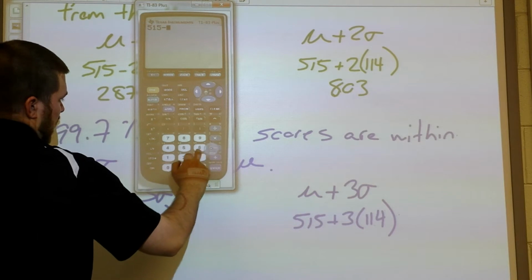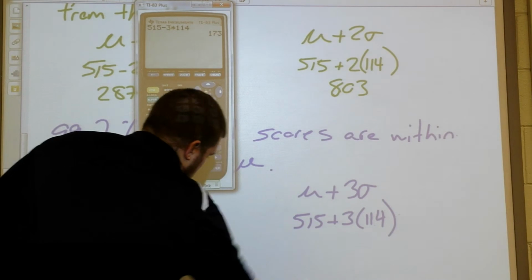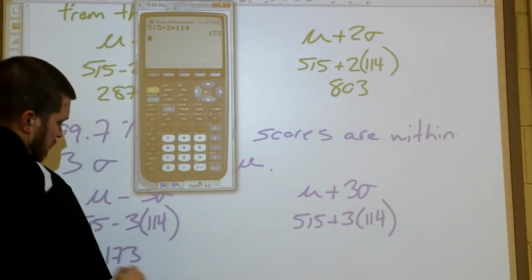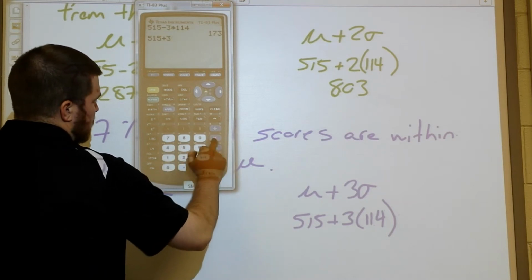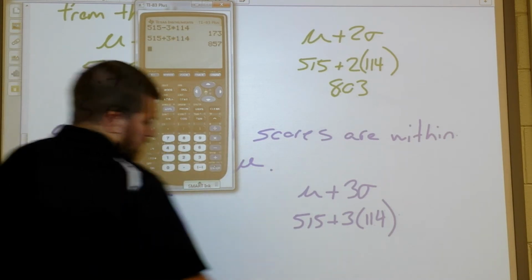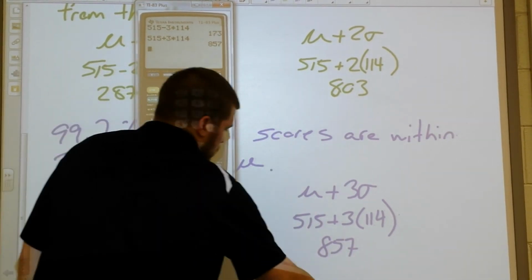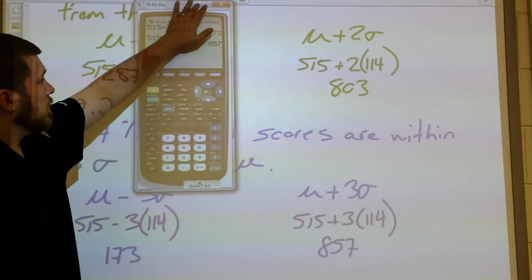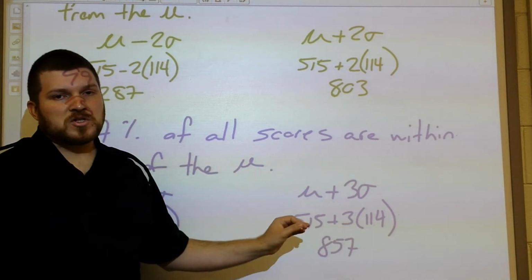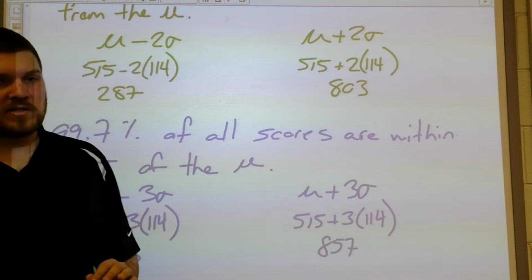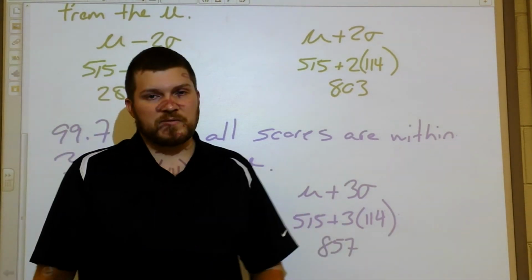So 515 minus 3 times 114, our lower score is 173. And our upper score, 515 plus 3 times 114, is 857. So that means that 99.7% of all people who took that 2007 SAT had scores that were anywhere from a 173 to an 857.